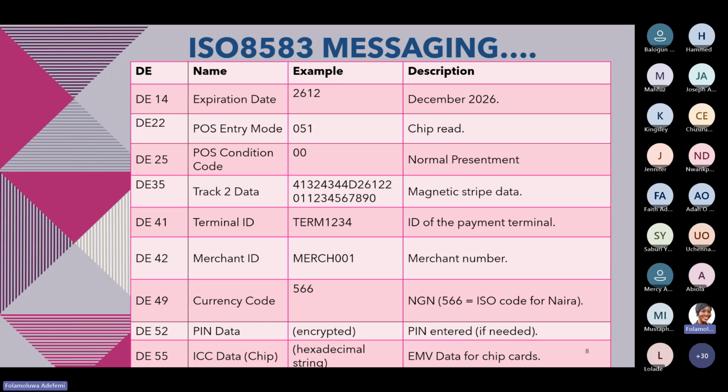And why is this important? It's important because it helps in security, fraud risk, and issuer approval rules. So based on the different modes of entry, right, there are different security and fraud risk rules that apply on the issuer side majorly.